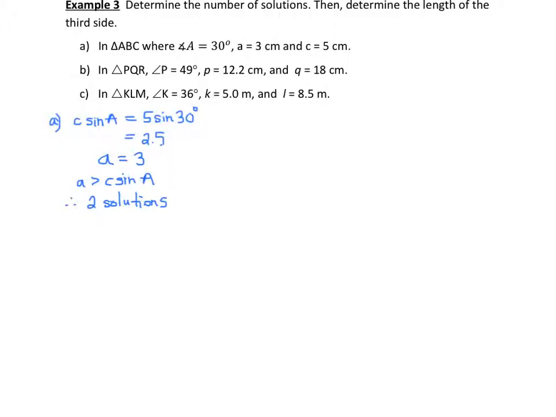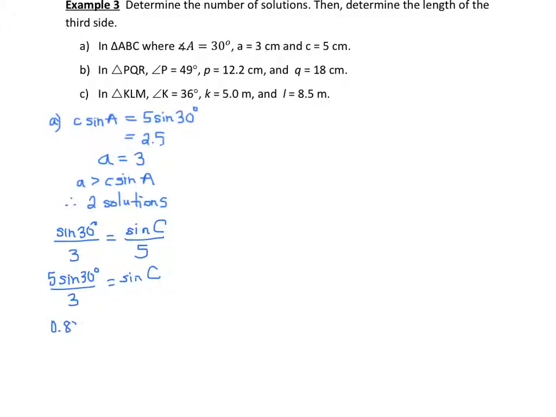So let's go ahead and set up the sine law to find, first of all, the length of side C. Sine 30 over 3, sine A over A, would be the same as sine C over 5. Multiply by 5 on both sides to get sine C by itself as a decimal.